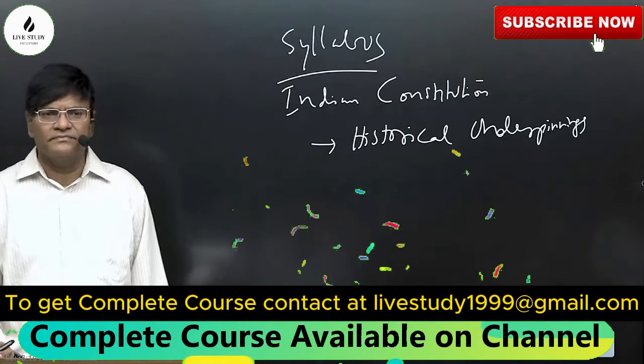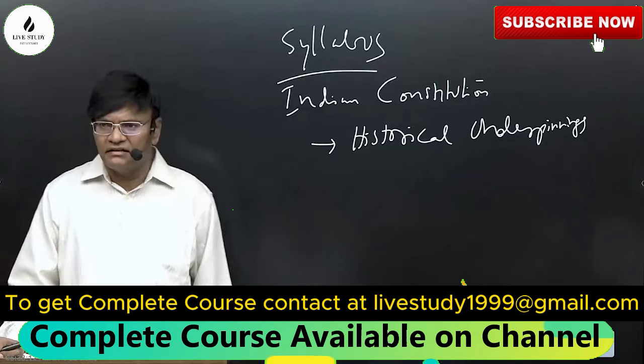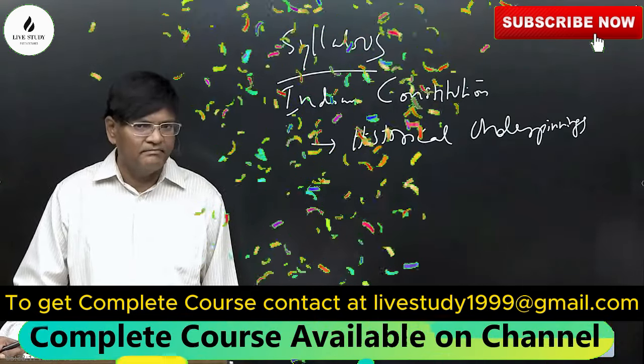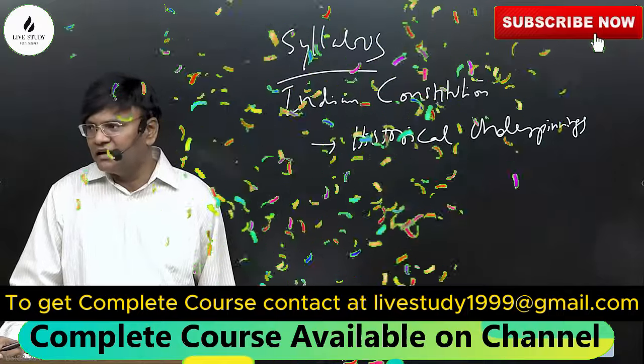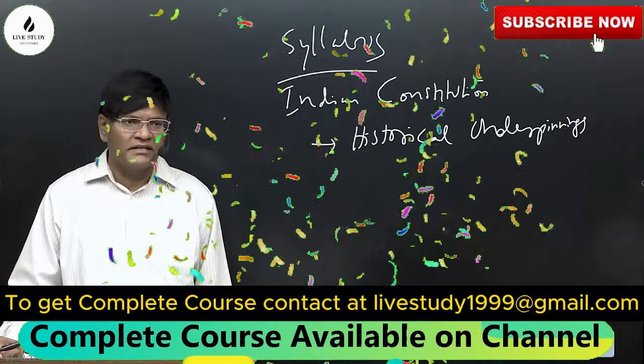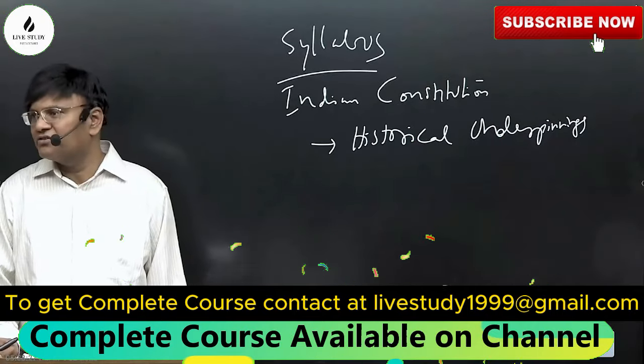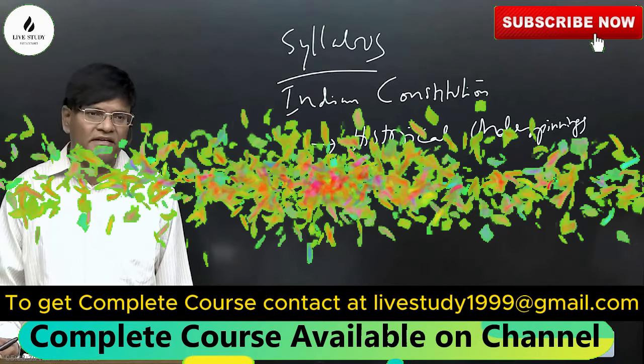It all started with the British rule in India, 1757, the Battle of Plassey. From then onwards until 1947, over a period of about 200 years, we have evolved our constitution.